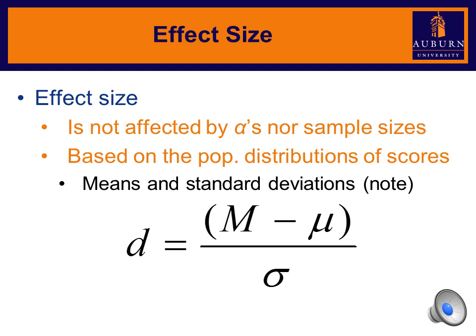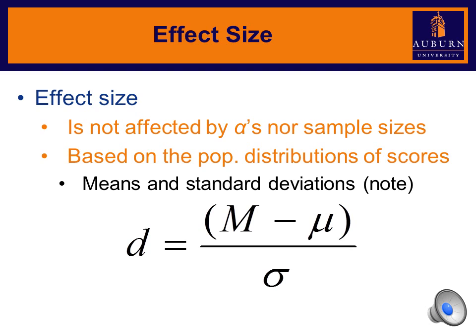If we look at our formula, we have the symbol D, that stands for Cohen's D, and in our formula we will take the mean of our sample, we will subtract the mean in the population, and then divide by the standard deviation. Again, note, we're using standard deviation now, we're not using standard error. That tells us a result at the individual level rather than the group level.